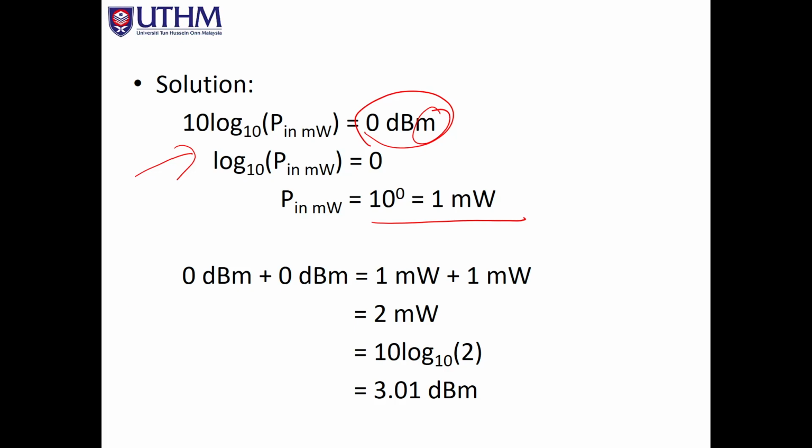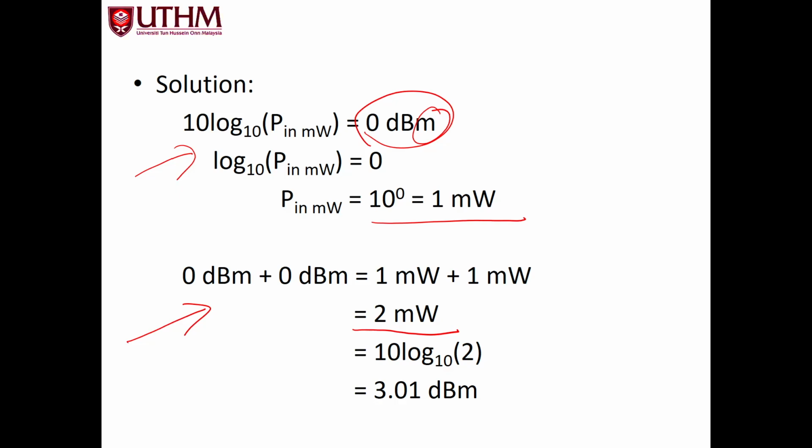So back to the equation. 0 dBm plus 0 dBm is actually equal to 1 milliwatt plus 1 milliwatt. It is equal to 2 milliwatt. If you want to convert 2 milliwatt into dBm, 10 log 2.